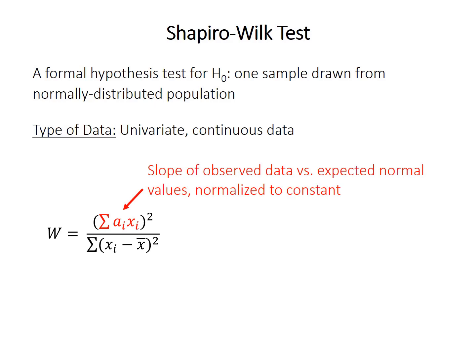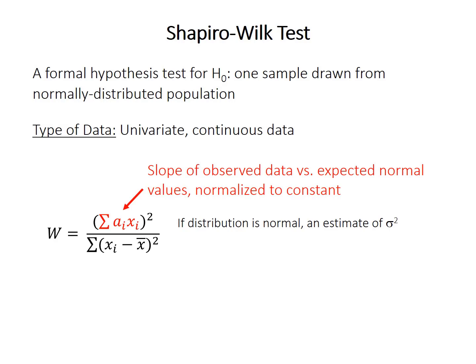The test calculates a statistic called W. The numerator of this equation, the sum of a_i times x_i, squared, is basically the slope of the QQ plot, the slope of the observed data versus the expected values from a normal distribution. It's normalized to a constant and whatnot. So basically, yes, this is the slope of the QQ plot squared.